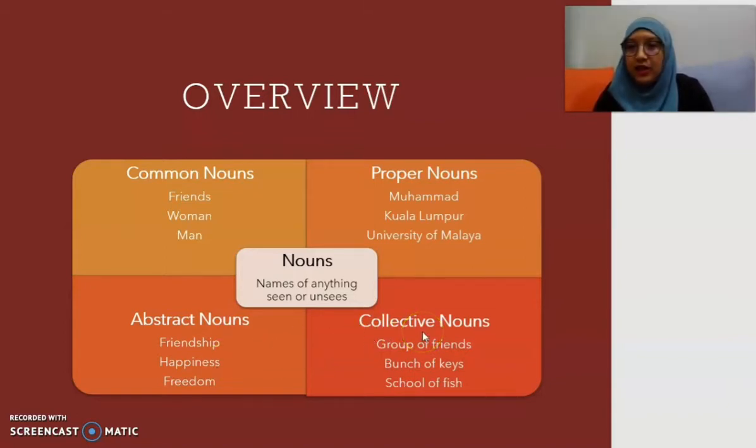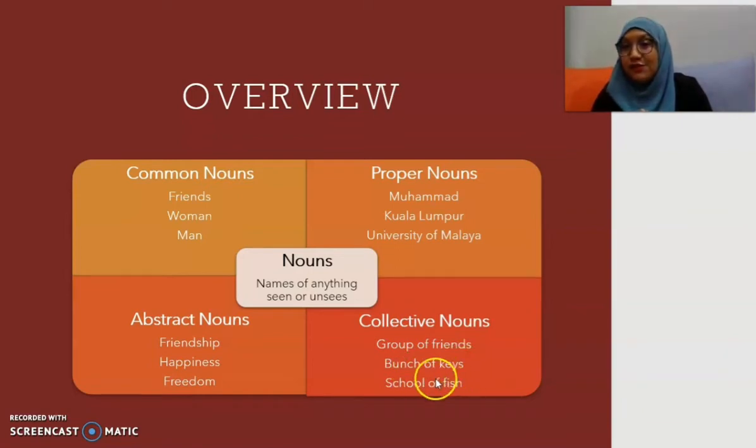Okay, finally, collective nouns. Collective nouns are used when you talk about a number of things in a group. You have a specific noun for that. For example, friends, you use a group of friends.